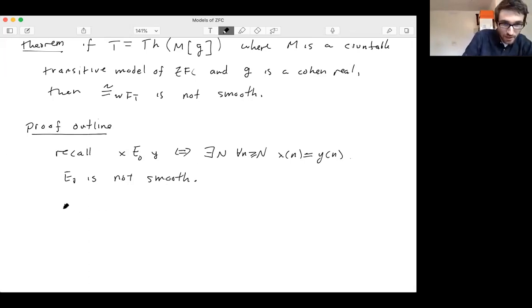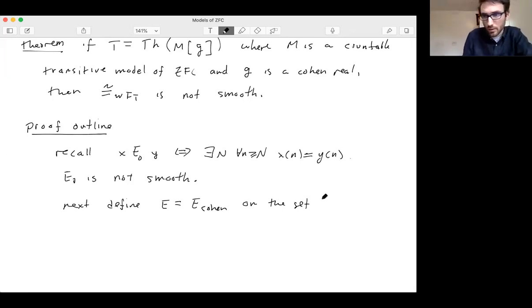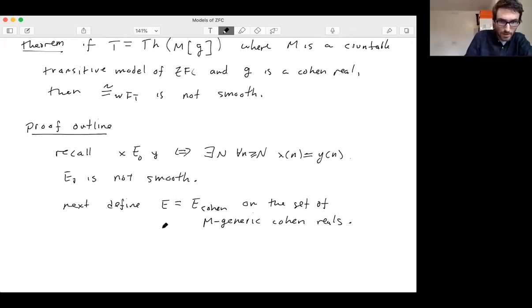Okay, so next define E equals E Cohen on the set of reals in the real universe V that are Cohen generic over M. Of M generic Cohen reals, G1 is E to G2 if and only if M of G1 is M of G2.